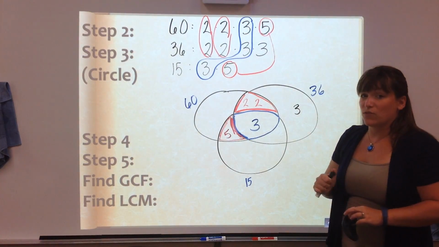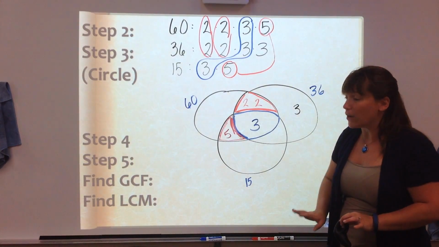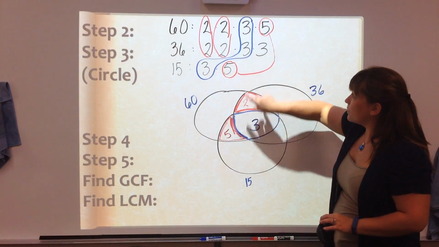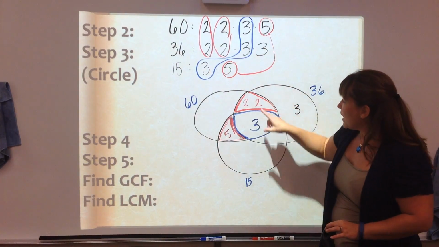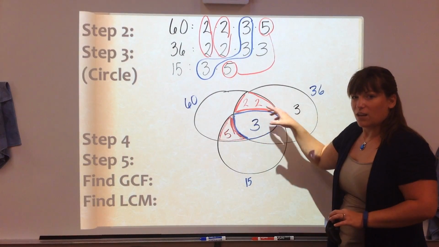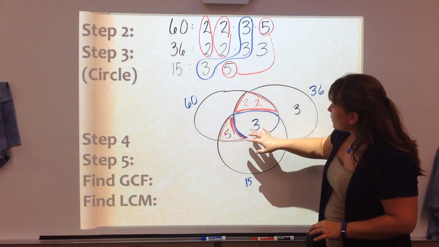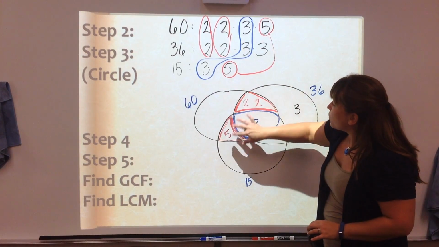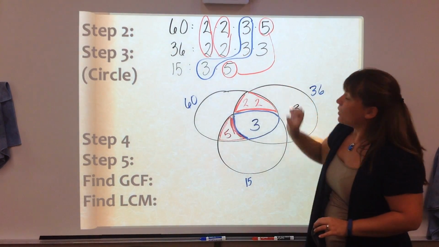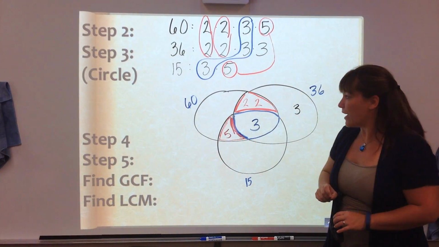And that is how you fill in the Venn diagram when there are 3 numbers. It's a little bit trickier, I know, but the center is what all 3 have in common. And then this second layer, the second layer of the flower, so to speak, kind of looks like a flower, is where the pairs of common numbers go, and then the oddballs out go on the outer edge.